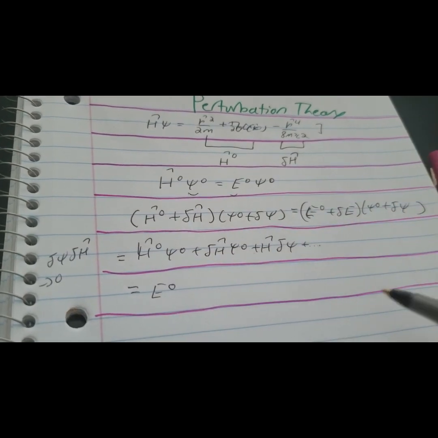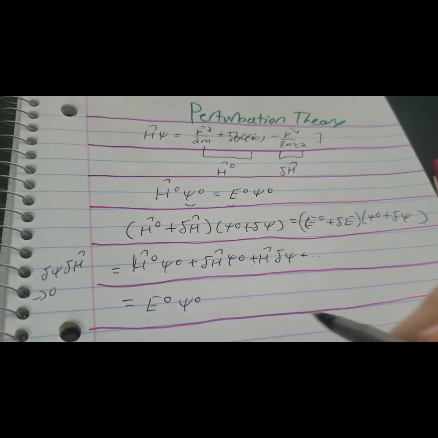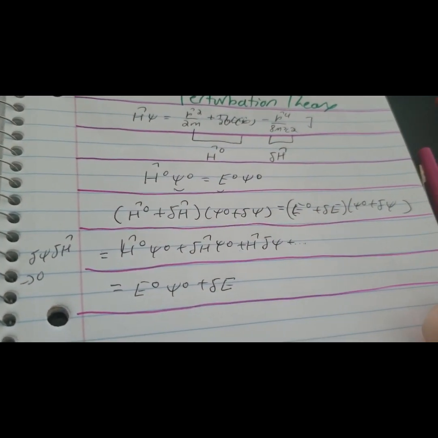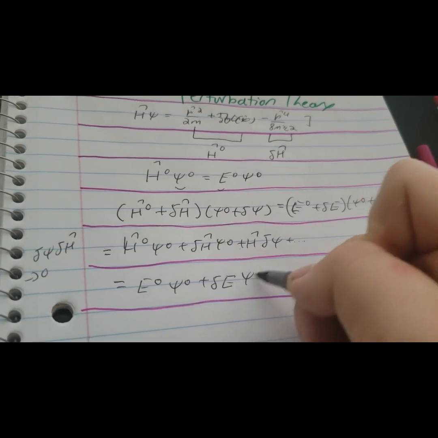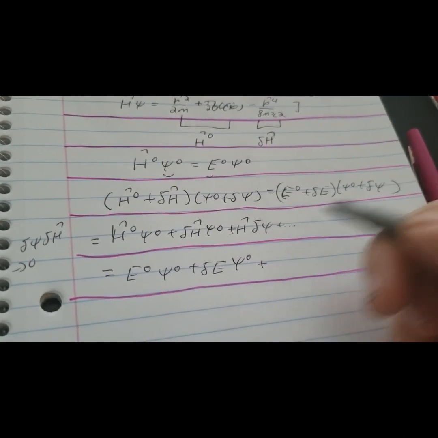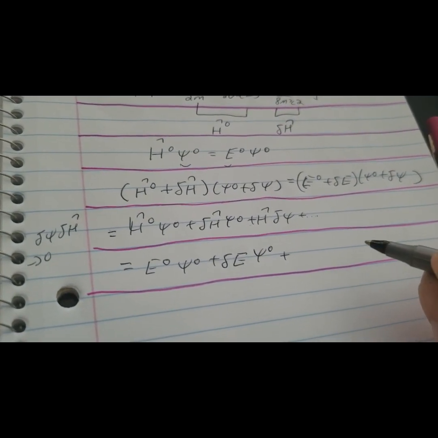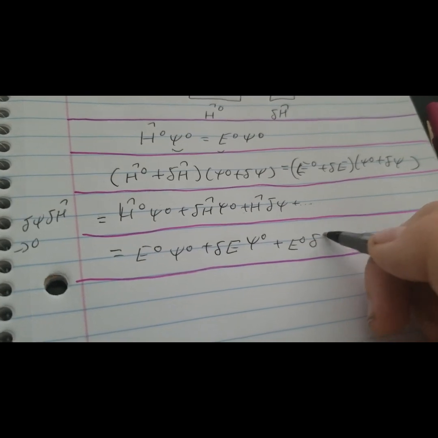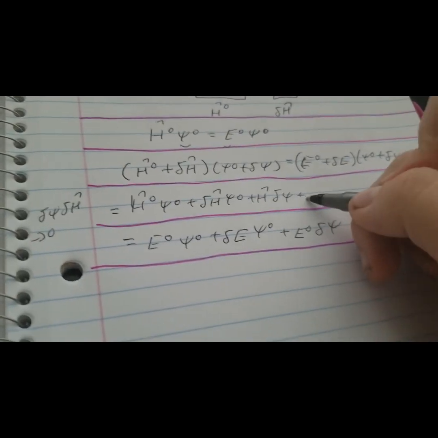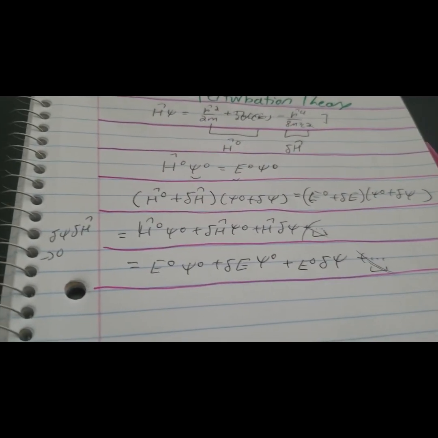That's going to go to that. Oh, I didn't even write it. What's delta E sub 0 times delta psi plus all the extra terms here. We're going to take those as approximately 0 and see what we got.